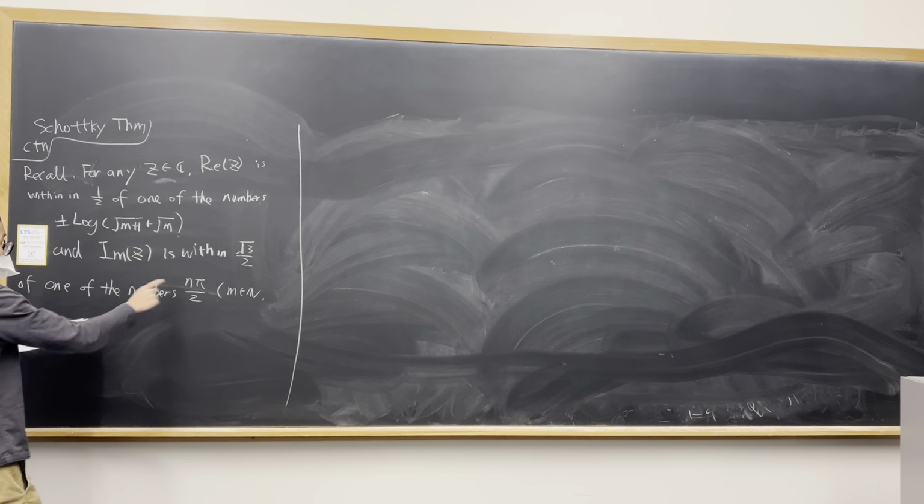If n is in Z, right? So we show that the sequence, when the imaginary part is in 0 or 2.